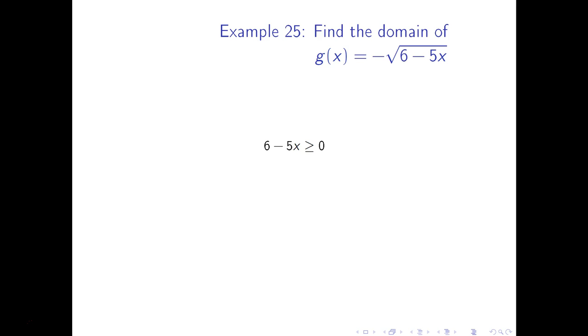Otherwise, if you solved it, well, subtract 6 from both sides, divide by -5, and notice when I divide by -5, it's going to flip the inequality sign, so x is less than or equal to 6/5. If you want, you can always check by saying what's a number that's less than 6/5. Well, how about 0?